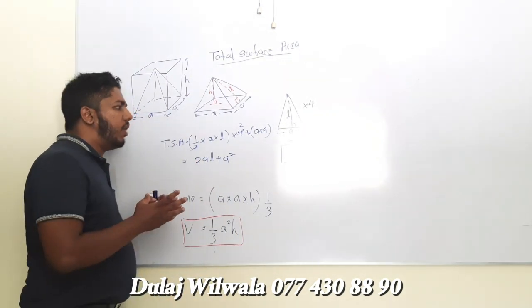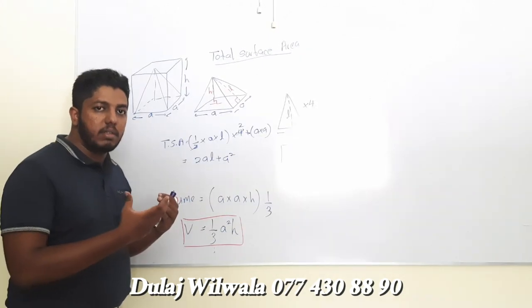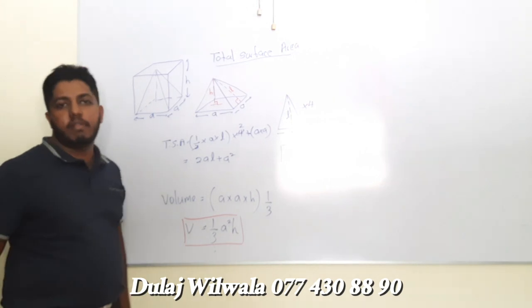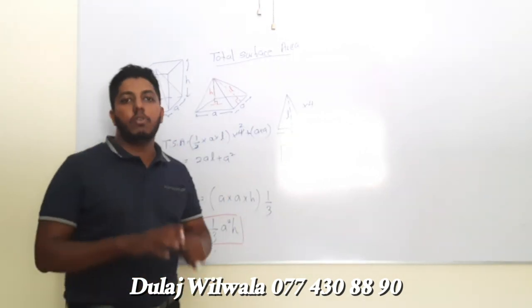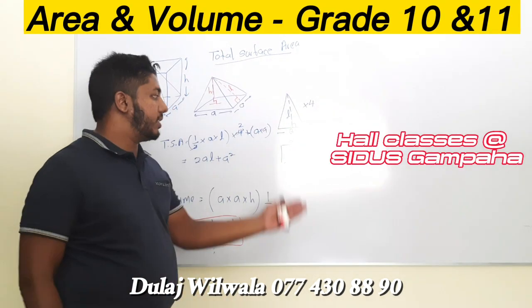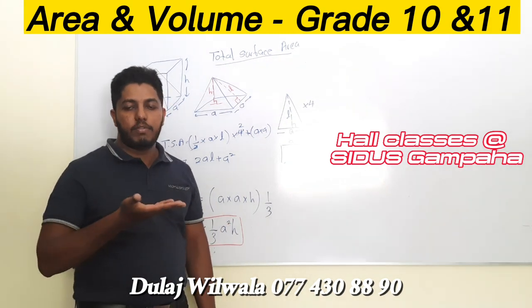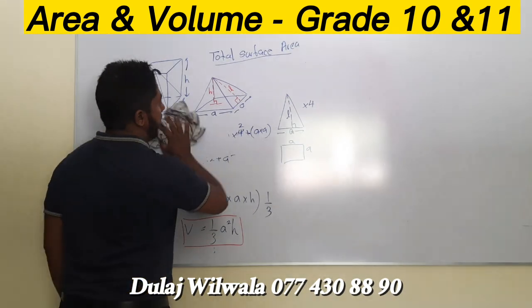You have to understand how these equations get derived, then you can make them yourself as well. Now let's say you don't know the area of a pyramid, but if you know the concept, there are 4 triangles and 1 square. If you add the areas of the triangles plus the area of the base, then we can find the area of this pyramid.